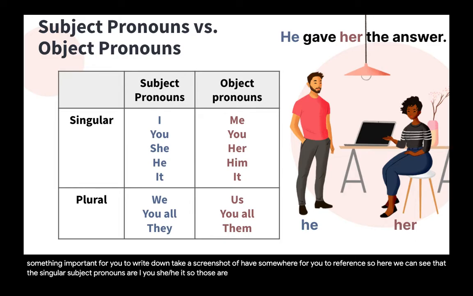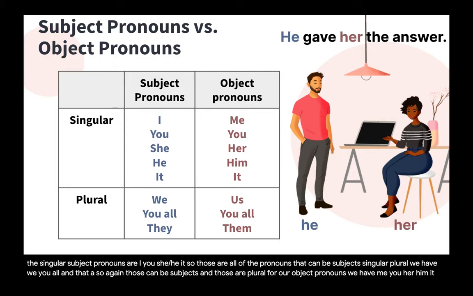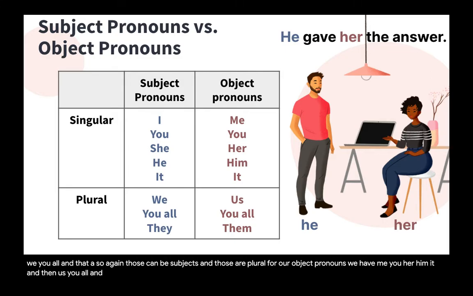So those are all of the pronouns that can be subjects. Plural, we have we, you all, and they. For our object pronouns, we have me, you, her, him, it, and then us, you all, and them.